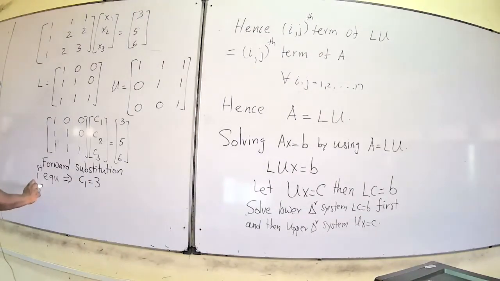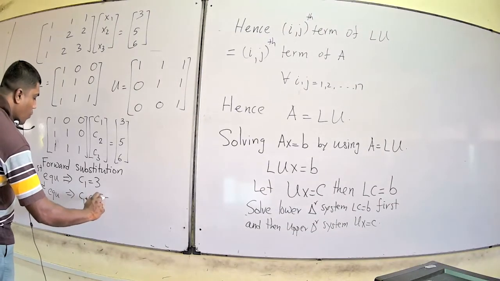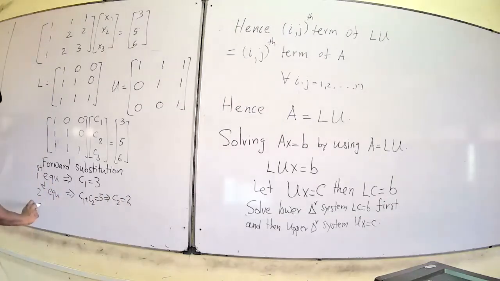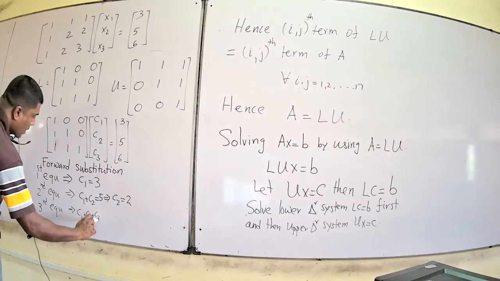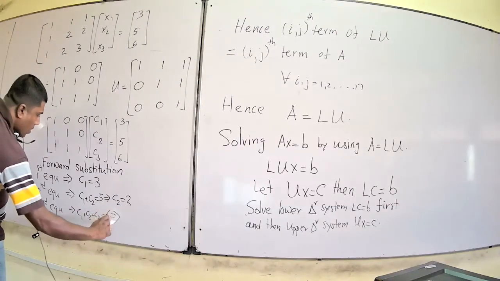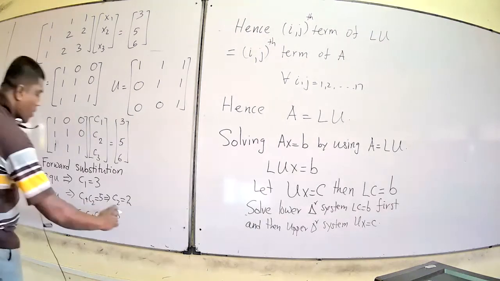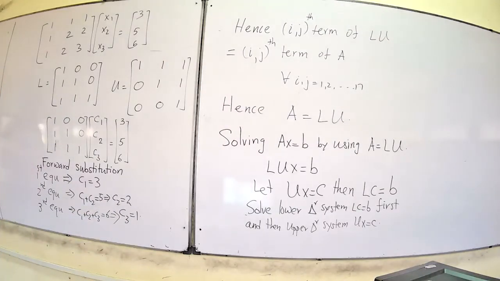Then you go to the second equation, C1 plus C2 is equal to 5. From this you get C2, that is 2. Then you go to the third equation, C1 plus C2 plus C3 is equal to 6. From this, you get C3 is equal to 1.